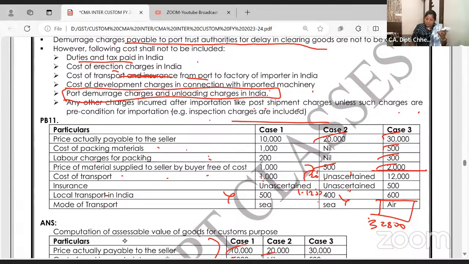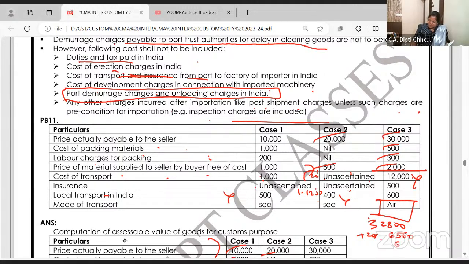Now, cost of freight is given as 12,000. But how much is allowed? 20% of this. That comes to 6,560. Even though actual freight is 12,000, it will not be considered for goods imported by airways. Maximum freight allowed is 20%.